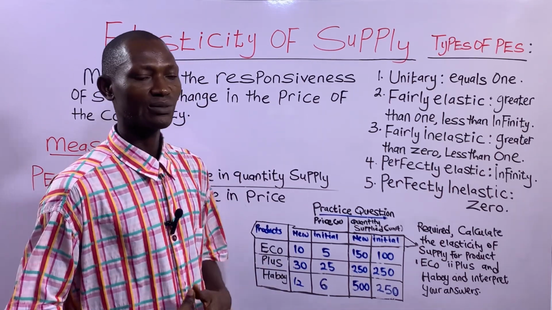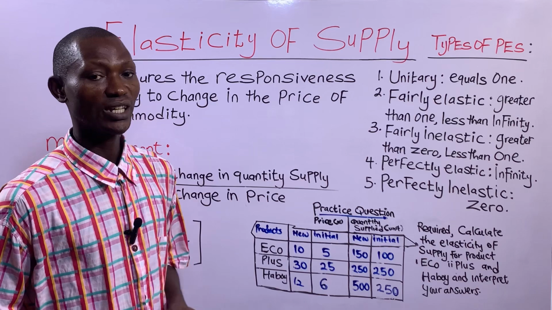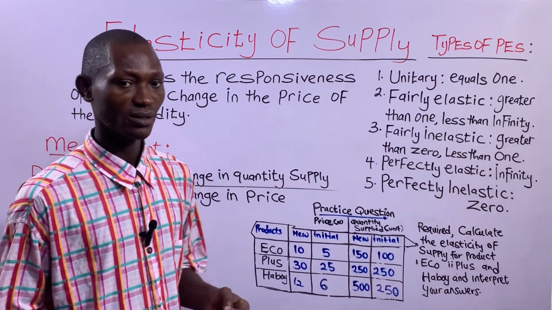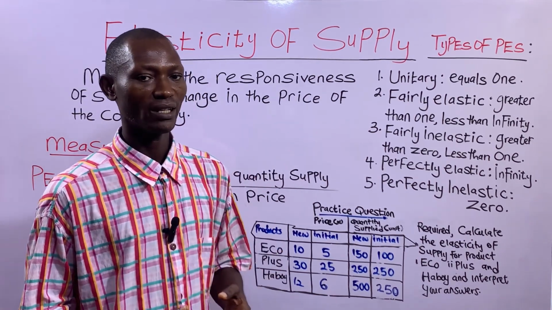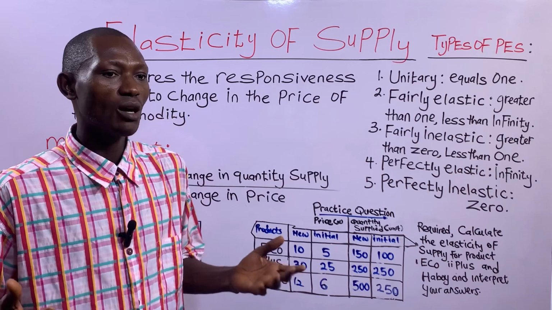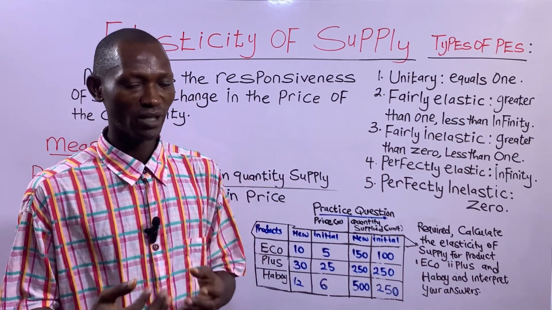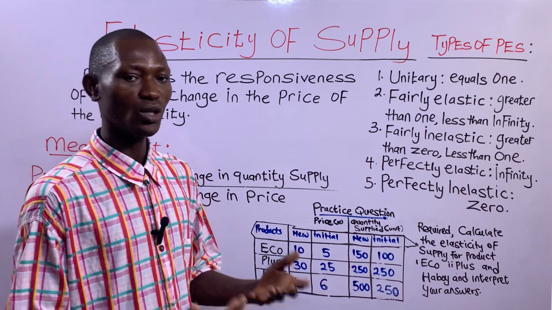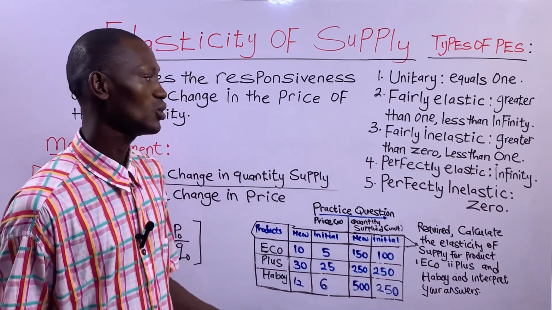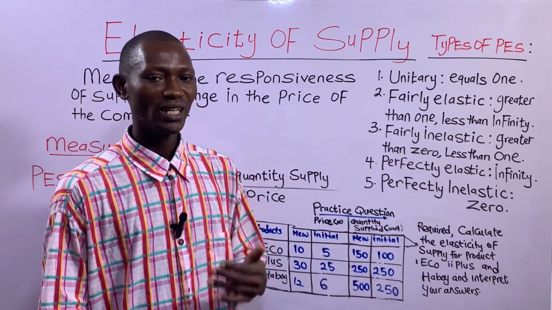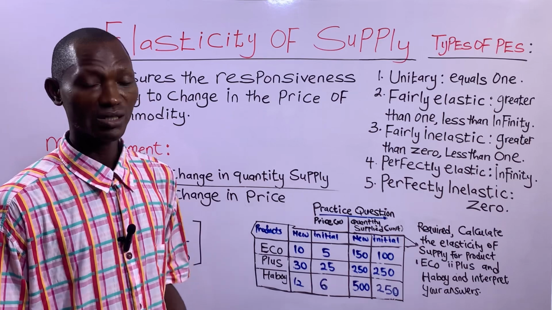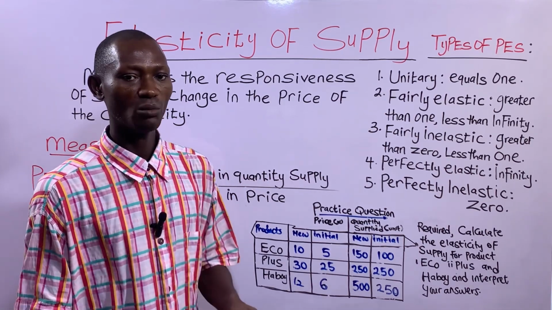Most times in exams, students are usually asked to calculate price elasticity of supply. And it's not enough for students to be able to calculate it, but also to be able to interpret the elastic coefficient they've gotten for a particular commodity.